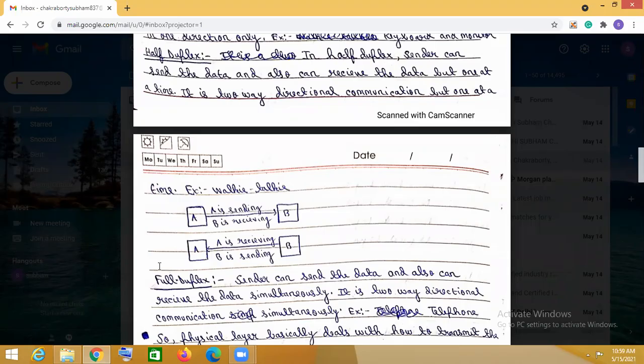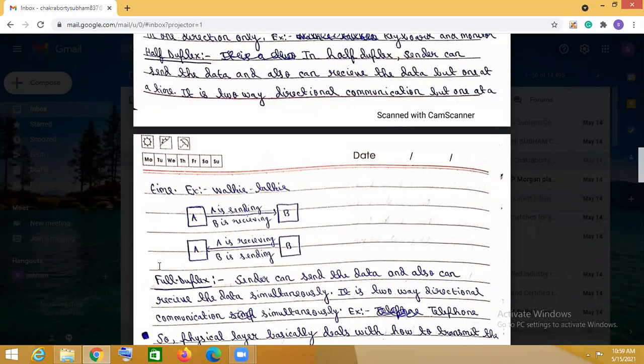All of these functions are related to transmission. So from here, we can say that the physical layer basically deals with how to transmit data.